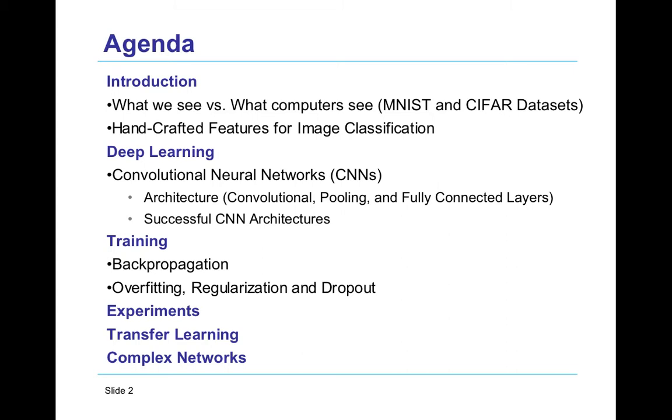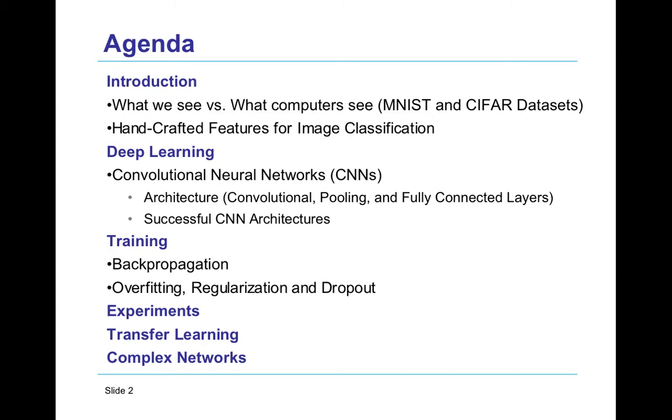CIFAR has two types of data set, one with 10 classes, one with 100 classes, so there are two data sets there. And then we're going to talk a little bit about how image classification was done previous to deep learning, and basically by extracting handcrafted features.